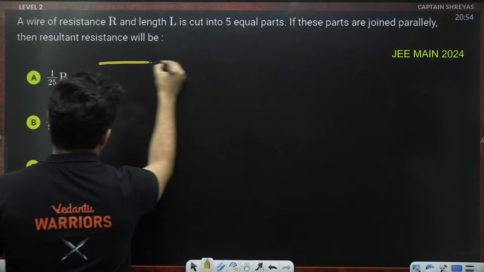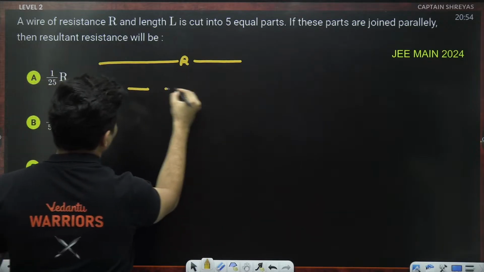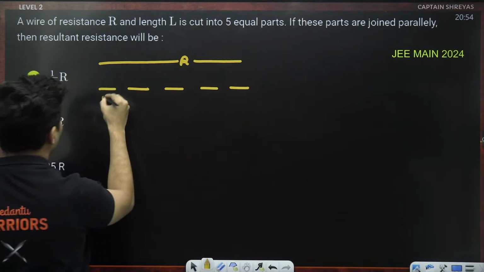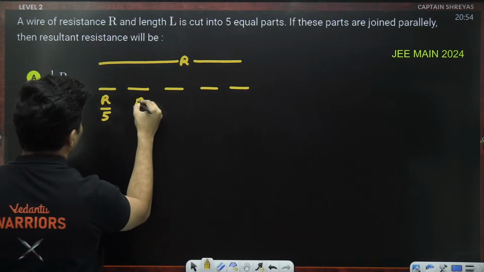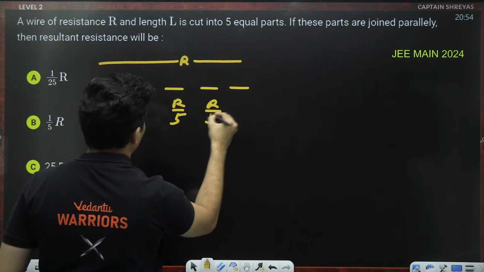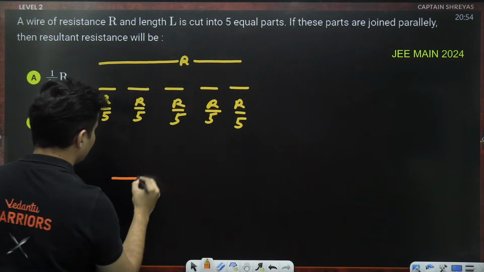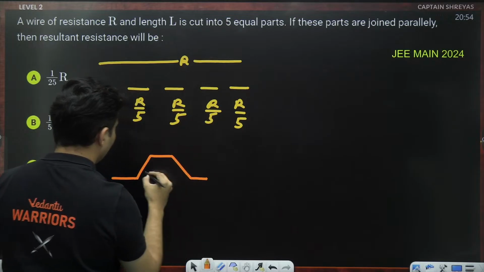So the old resistance is R. You divide it into 5 parts. Each part will be R by 5, R by 5, R by 5, R by 5, R by 5. Now you take these resistances and connect them in parallel.